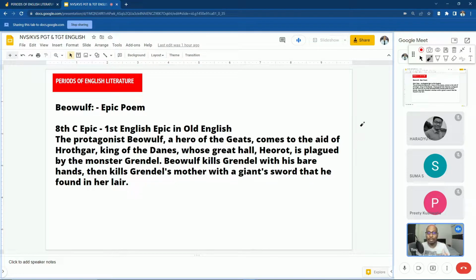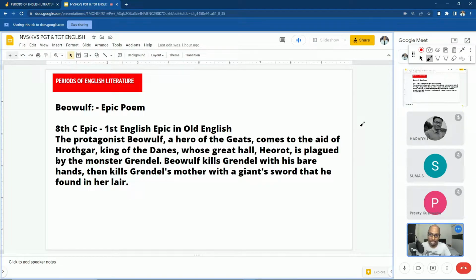Keats wanted to complete the epic Hyperion, but it became incomplete because of Keats' sudden death. The name of the John Keats epic poem is Hyperion, but that is a fragmentary epic. So in modern English literature, there is only one epic, and that is Paradise Lost, which is divided into 12 books.